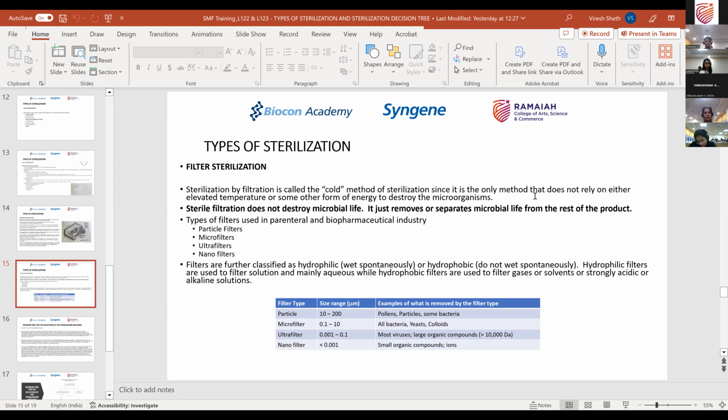Because if you look at a filter, okay, just give me a second, I'll stop sharing my screen and bring out a figure which will help you understand this better.